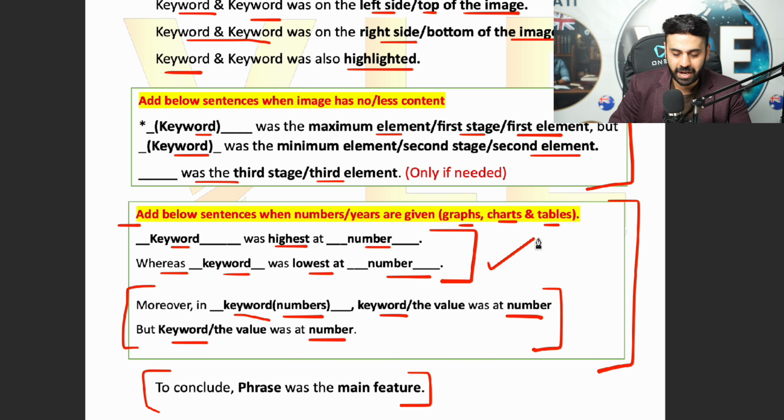So we will be including highest and lowest, then picking a certain figure, a certain year, and showing the difference between two or three different segments, or maybe a single segment. In this hypothetical example, it was cars and bikes. And obviously you're going to use the last sentence to conclude as it is: to conclude, the phrase which is the main topic we have used was the main feature.